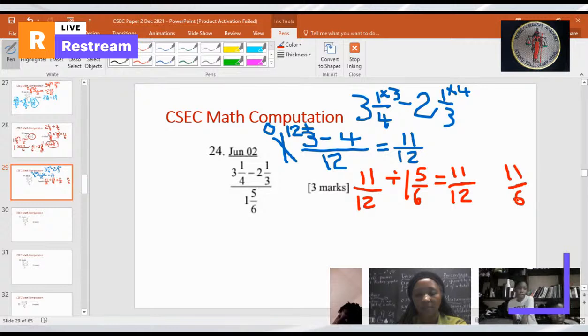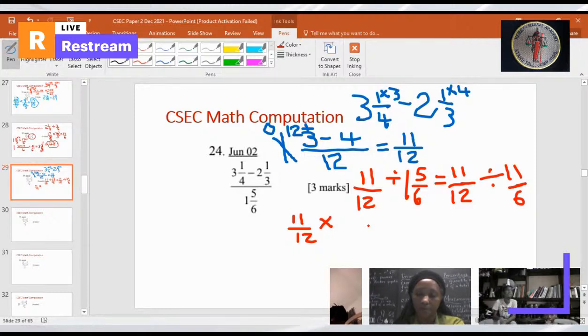What next? You'd put the division sign, and then you change it to multiplication. So I'm going to rewrite the 11 over 12 and change the division to multiplication. And what else?